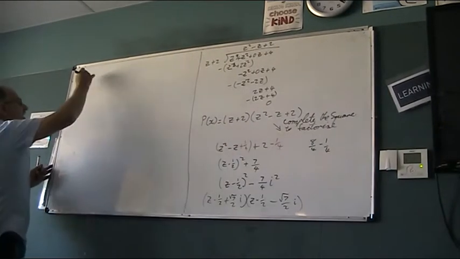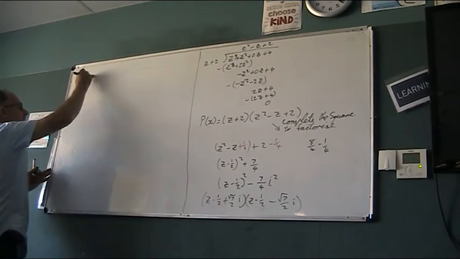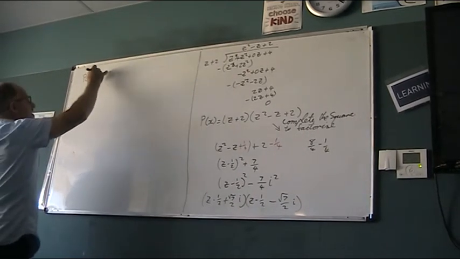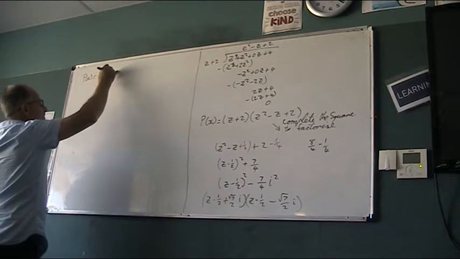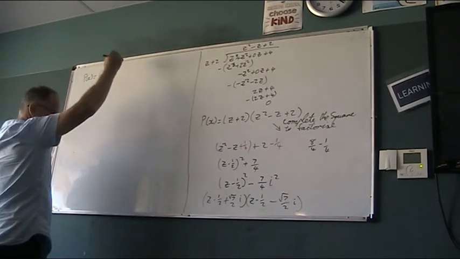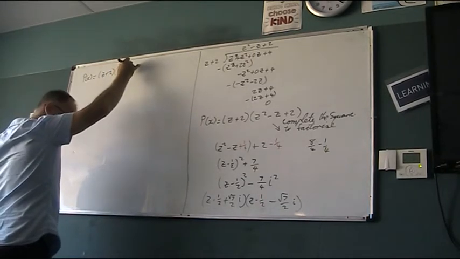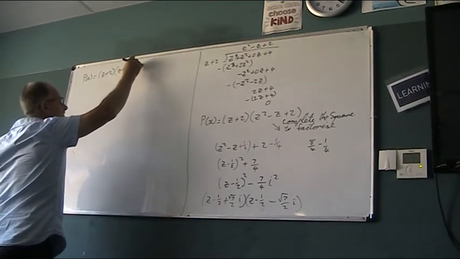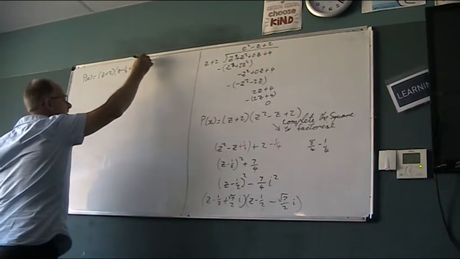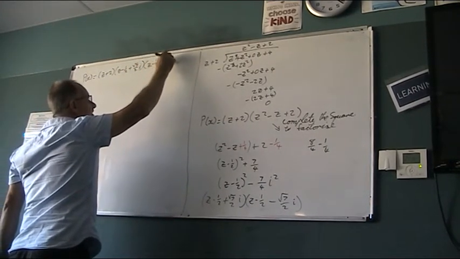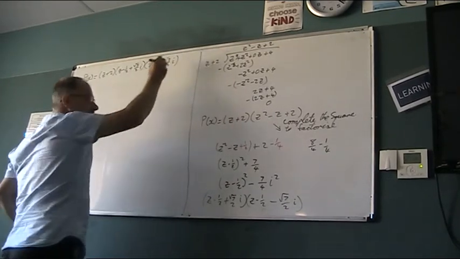So our polynomial, when we factorised it, then is z plus 2, z minus a half plus root 7 over 2 i, and z minus a half minus root 7 over 2 i.